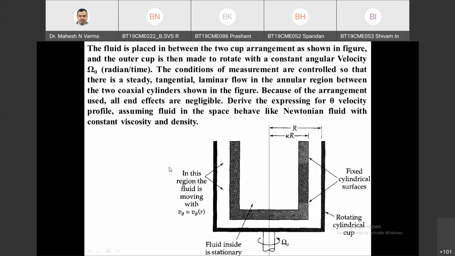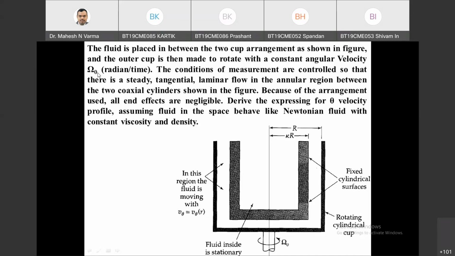This is angular velocity. So how to get a linear velocity using this angular velocity? Anybody in the class? V theta is a linear velocity. Omega 0 is an angular velocity. How are omega 0 and V theta related? Omega is equal to V by R. Very good.